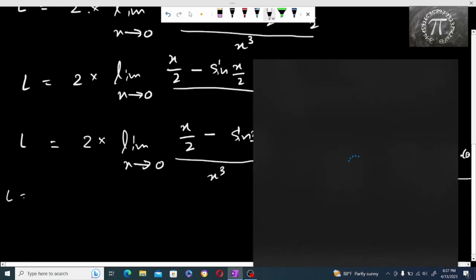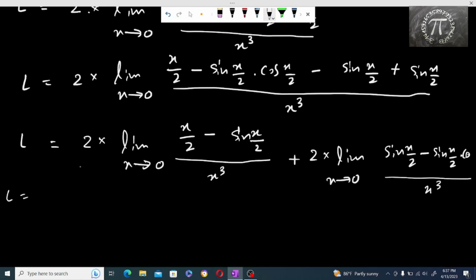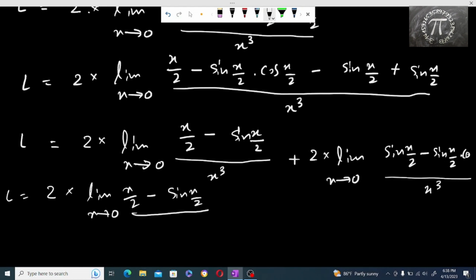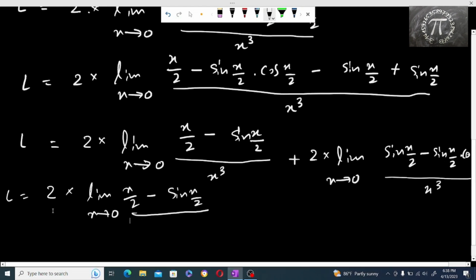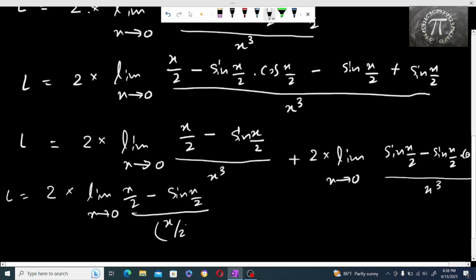So L equals 2 into the limit as x goes to 0 of (x/2 minus sin(x/2)), and here we have x to the power 3 in the denominator. I'm going to write it as (x/2) to the power 3, so we get an extra 2 to the power 3.